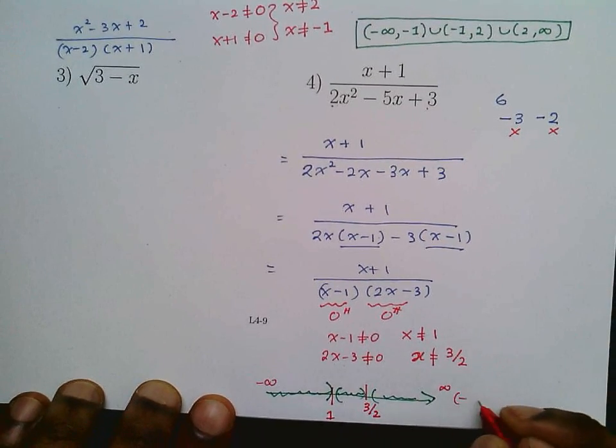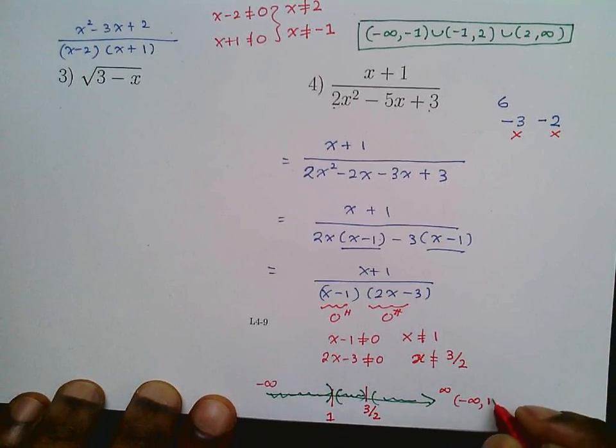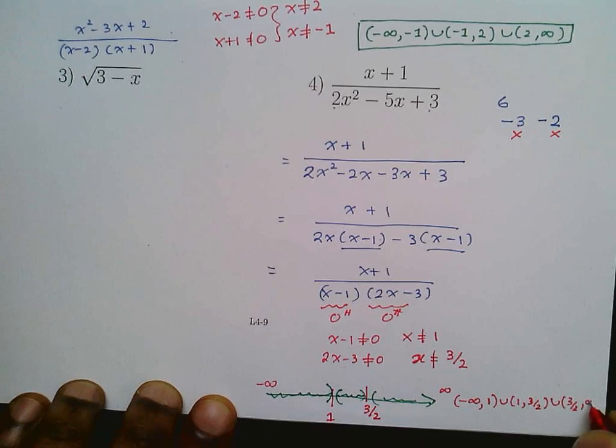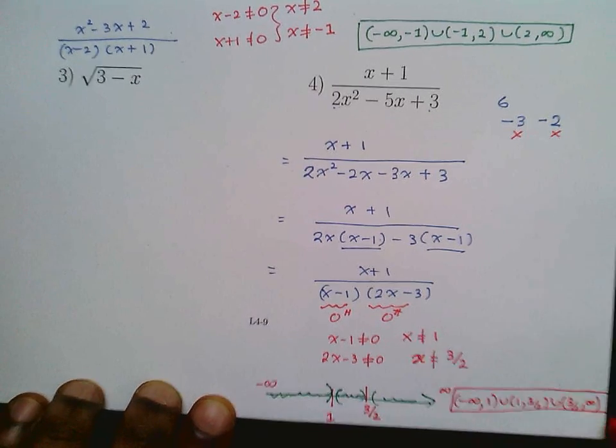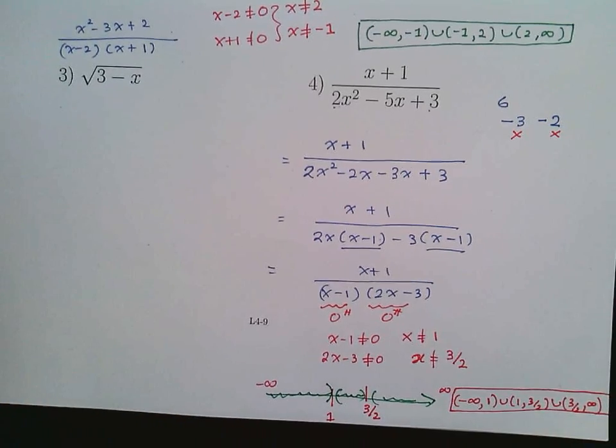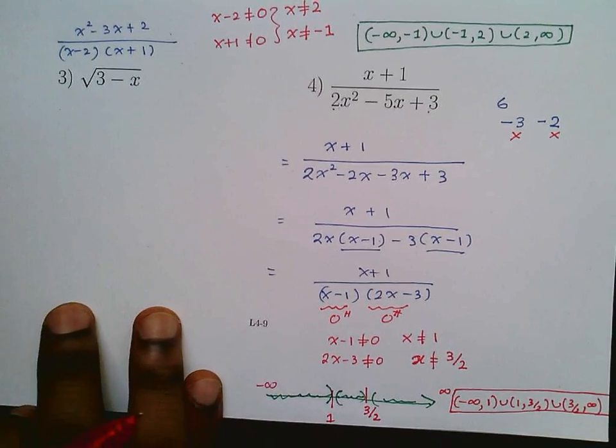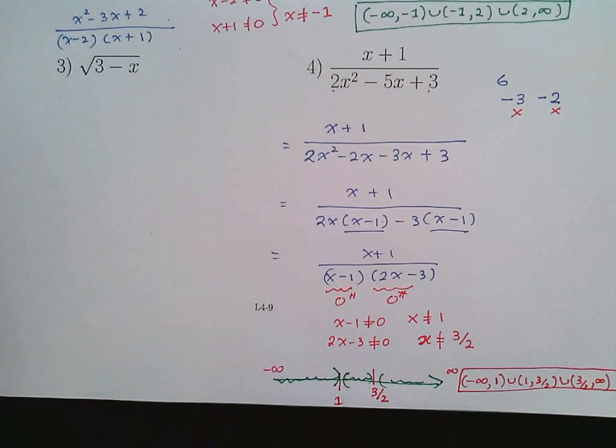So you can see that is negative infinity to 1, and then 1 to 3 by 2, and then 3 by 2 to infinity, and that's it. Okay, now you can go and do the question you can see on the right hand side of the screen.